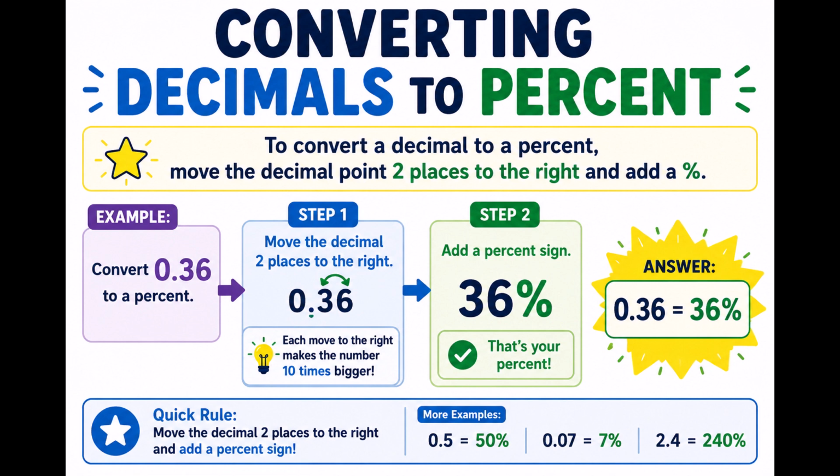So 0.50 or 0.5, which we'll assume is 50, add a 0 to it when we move it. All right, so 0.5 will now give us 50%. 0.07 will give us 7%. 2.40 will give us 240%.